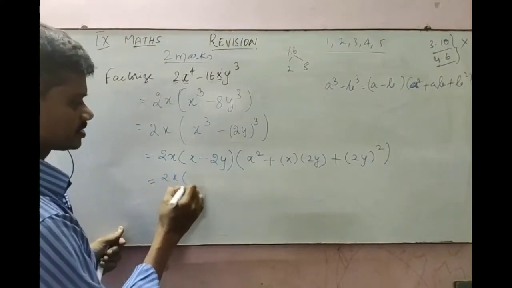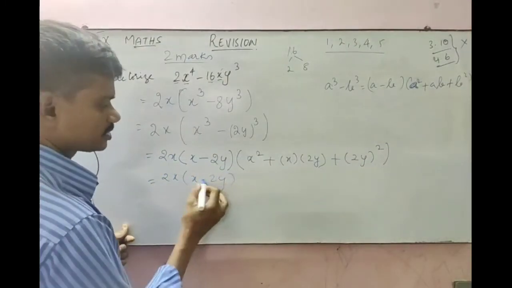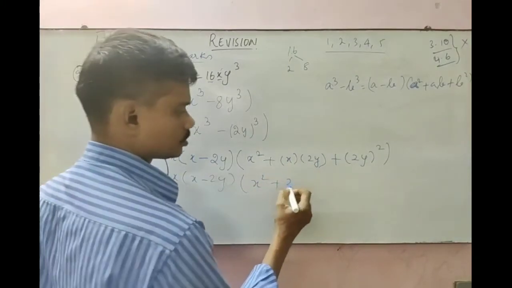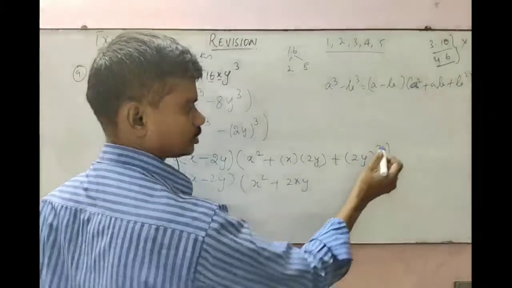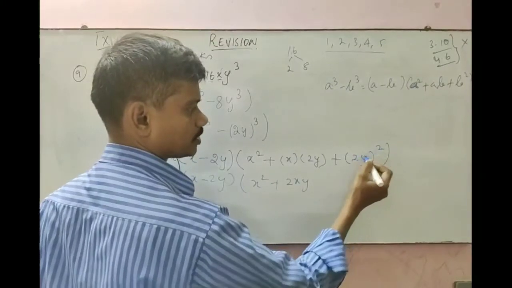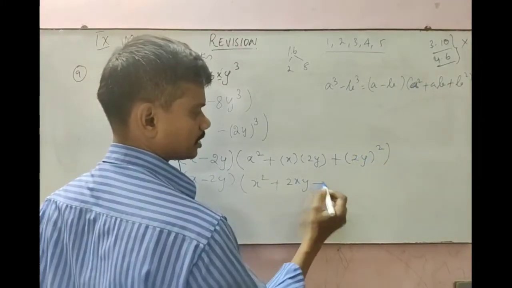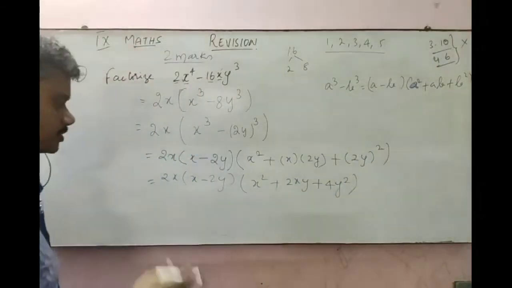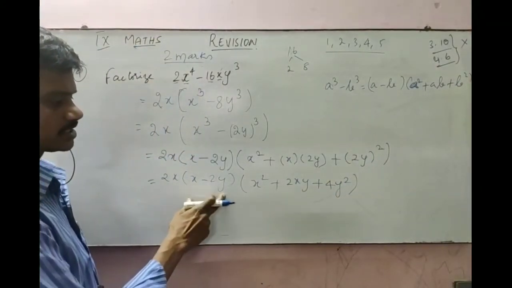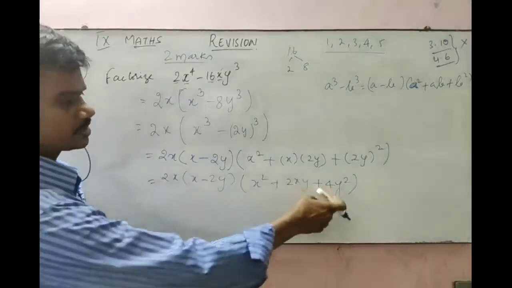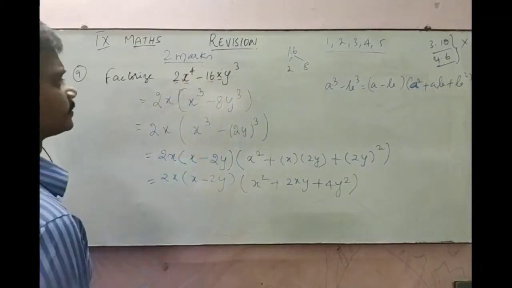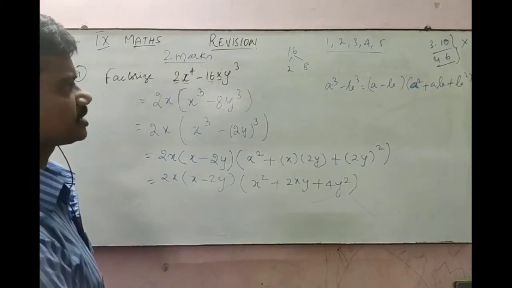So if you simplify this, you will get x square plus x into 2y gives 2xy, 2y whole square. The square has to come for both the coefficient as well as a number. So you will get 4y square as the next term. So the answer is 2x into x minus 2y into x square plus 2xy plus 4y square. So this is the way of factorizing the 2x power 4 minus 16x y cube.